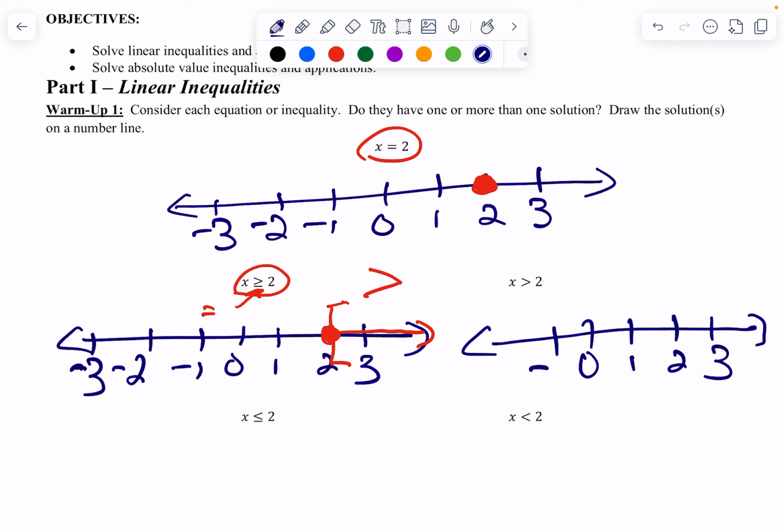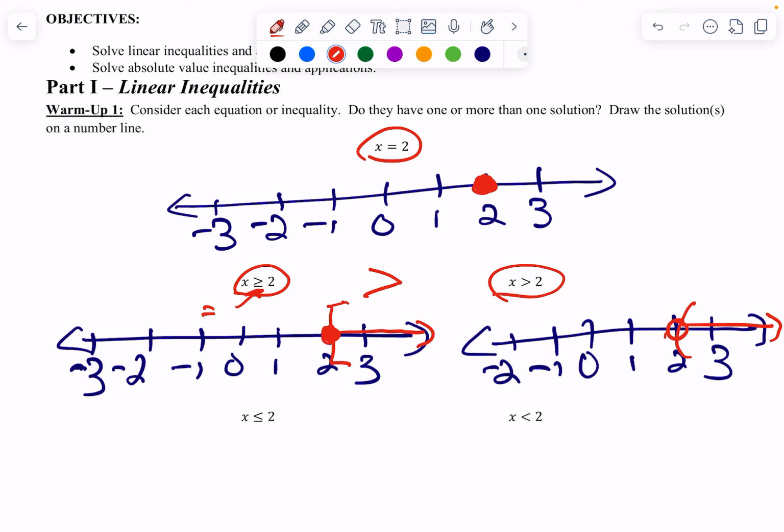So what is the difference between this one and the previous one? We don't have that equal sign. It is only x is greater than 2. So that is when we draw the open circle and still going towards the larger numbers, so 3, 4, and so on. Now, instead of that open circle, you might see parentheses drawn.